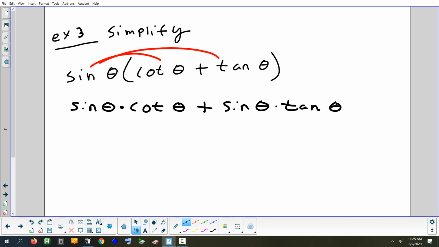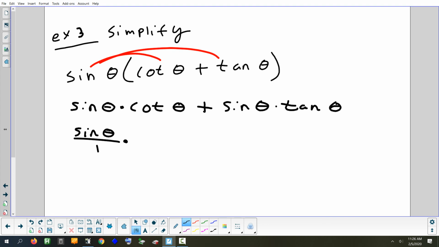Now let's change everything to sines and cosines and see what happens. So we're going to end up with fractions when we do that. So I'm going to make everything here a fraction. So let's start with this one. Just make it sine over 1. Sam, what is cotangent in terms of sine and cosine?